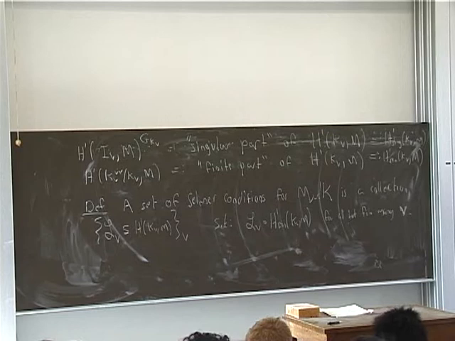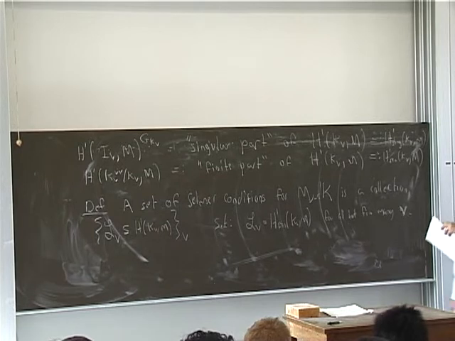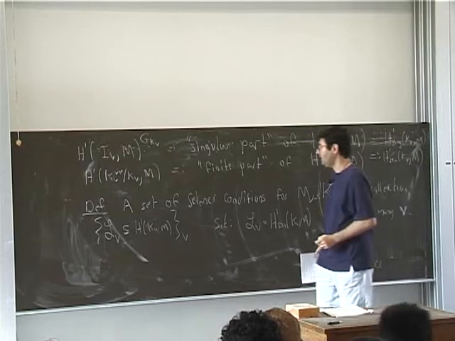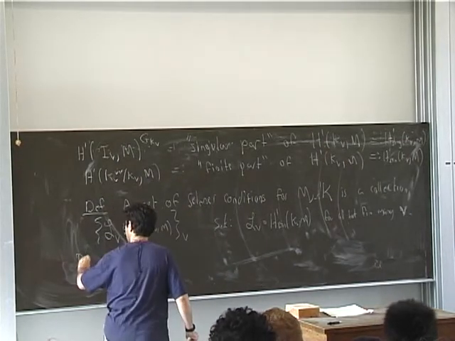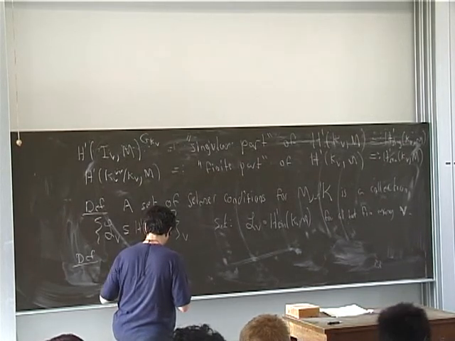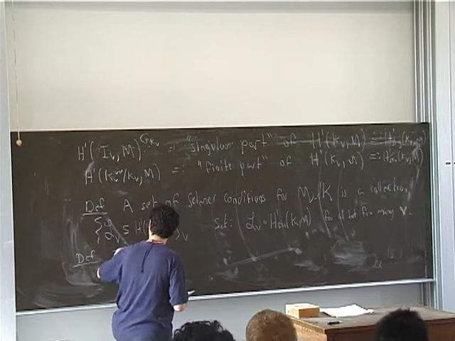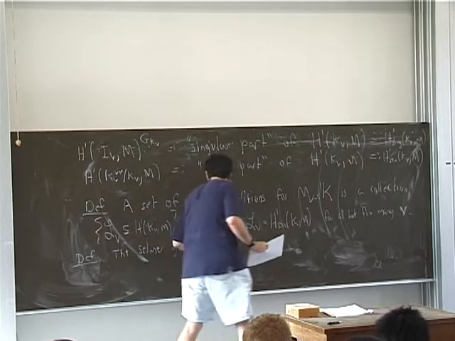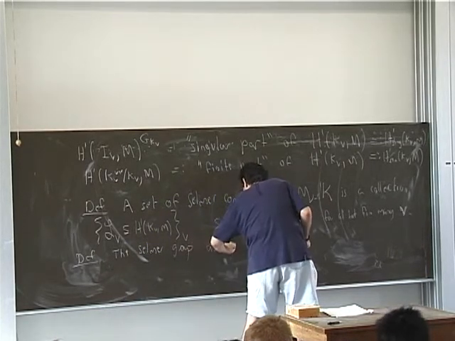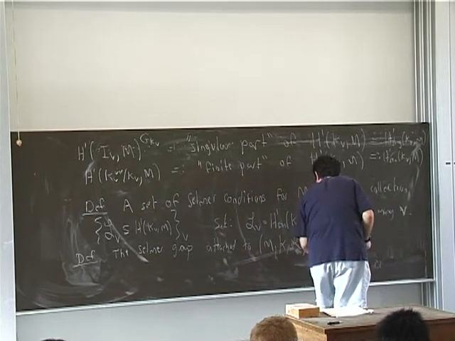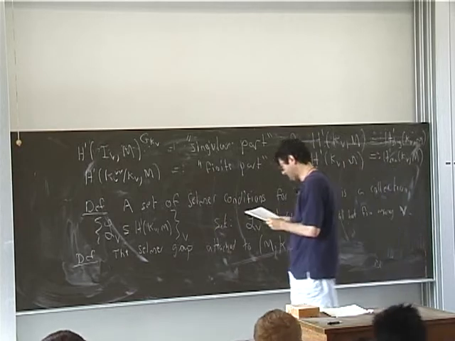I give myself a subgroup of the local cohomology group at every place v, with the restriction that this subgroup should be the finite classes for all but finitely many v's. And then if I have such data, I can define a Selmer group. So let L be a set of Selmer conditions for M and K. Then the Selmer group attached to the triple M, K, and script L is simply what you would expect.